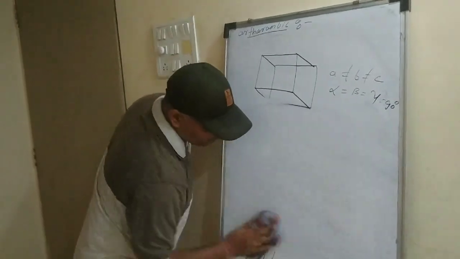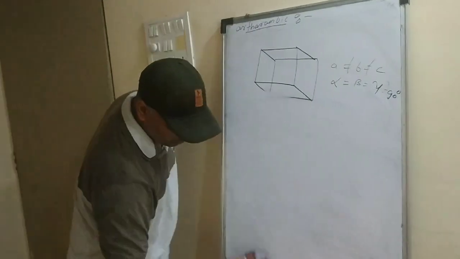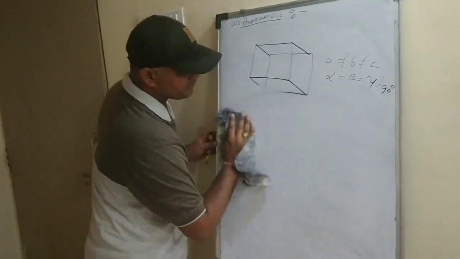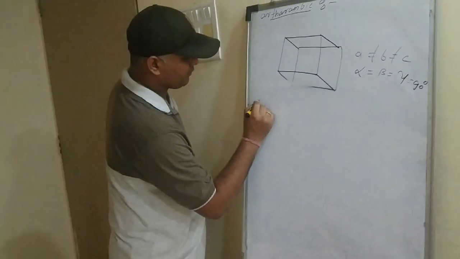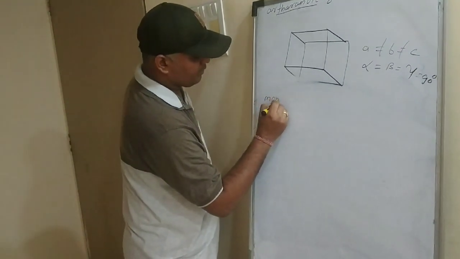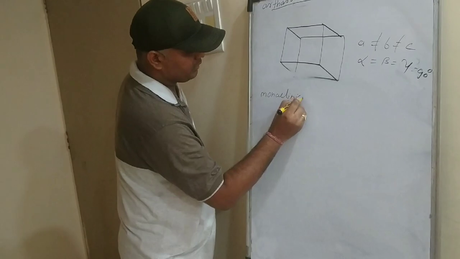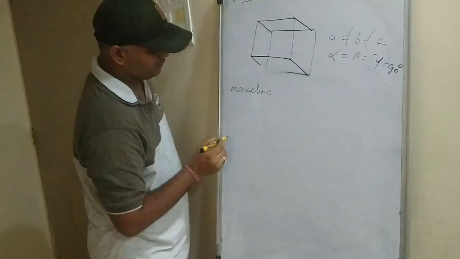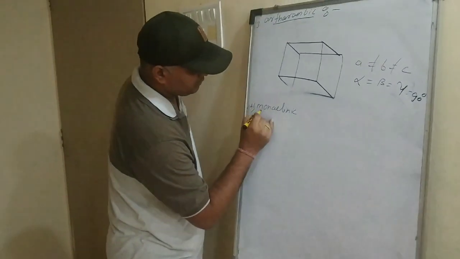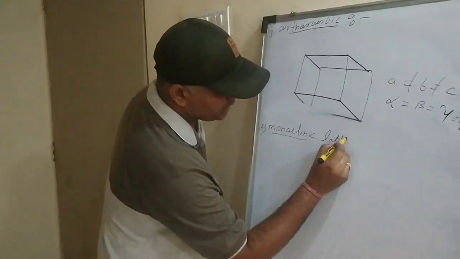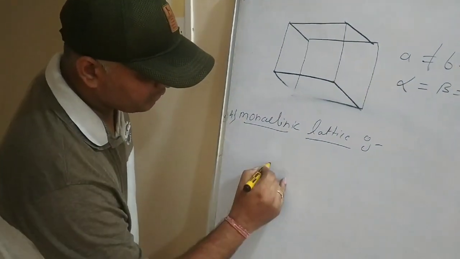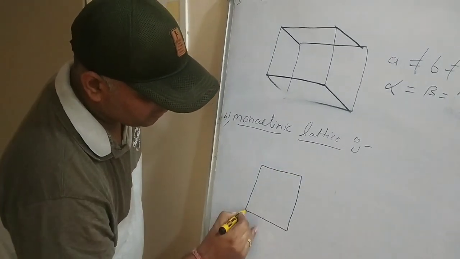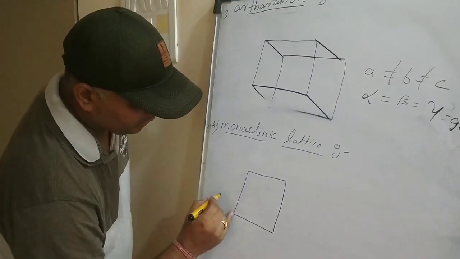Then the next one, what is the next one? Monoclinic lattice, right? So how to draw the monoclinic? In the monoclinic lattice, again broader but a little bit smaller.